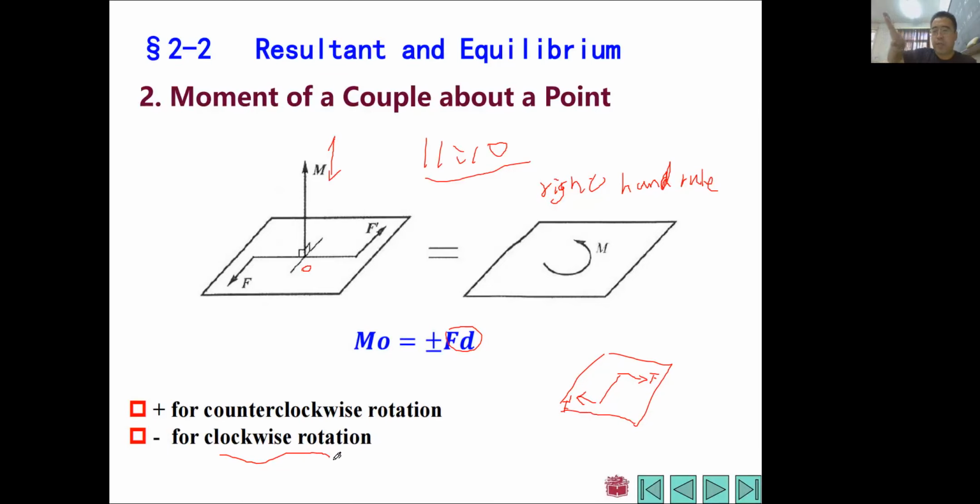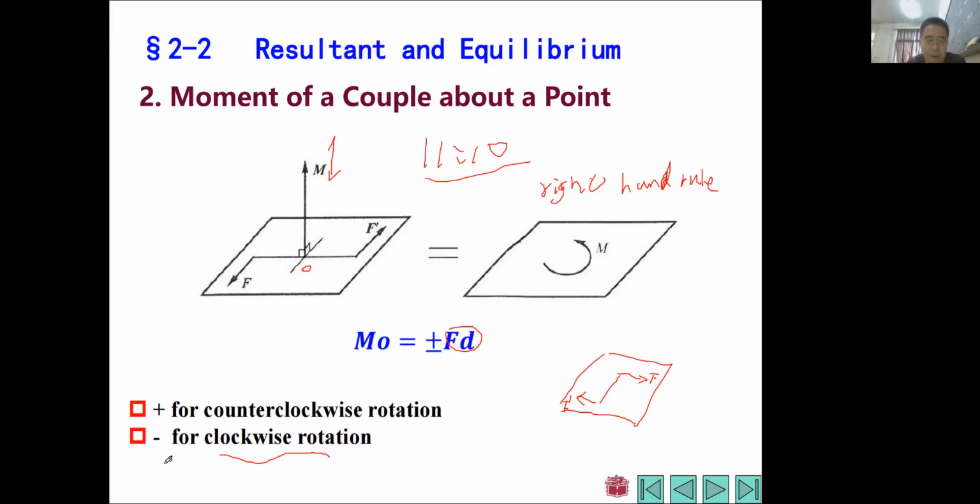So first, let our four fingers go along this link line. Then select one of the forces, F or F prime, and fold your four fingers along the direction of F or F prime. Whichever you select, you will find this time our thumb is pushing into the plane. That direction is the negative direction of the normal line of this plane. See?